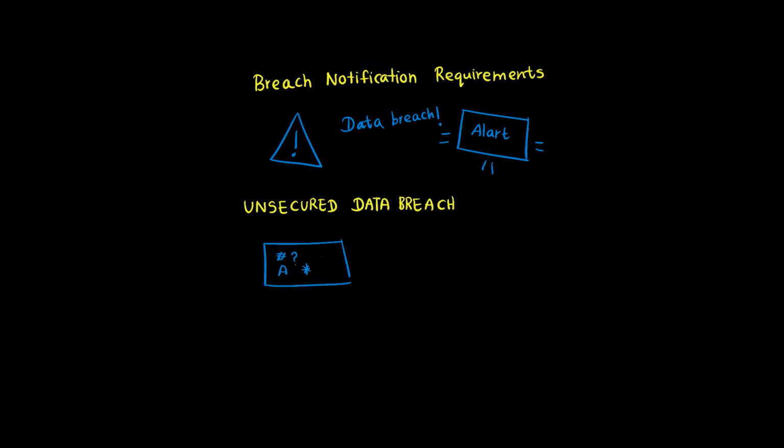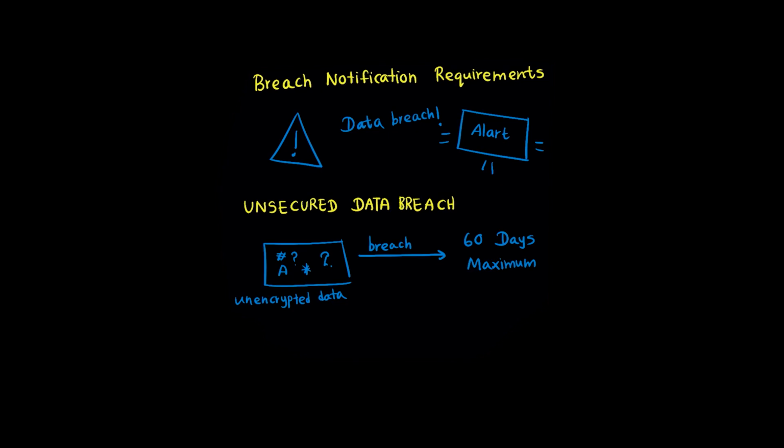This triggers mandatory notification requirements to individuals, the Department of Health and Human Services, and potentially the media for large breaches. Encrypted data loss doesn't require notification if encryption meets standards, and good faith access by employees within their scope doesn't constitute a breach.